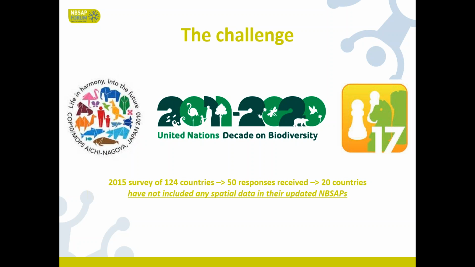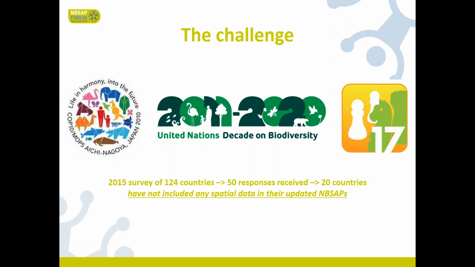Spatial data and mapping can provide multiple benefits within an NBSAP, including determining the state of biodiversity in a country, identifying national priorities and visually communicating key biodiversity issues. Anecdotal evidence early on in the process indicated that the revised and updated NBSAPs still had a bit of a dearth, perhaps, of spatial information and data being included.